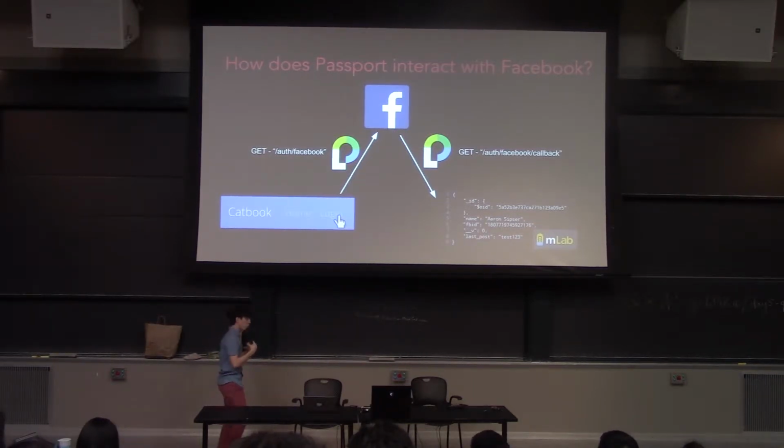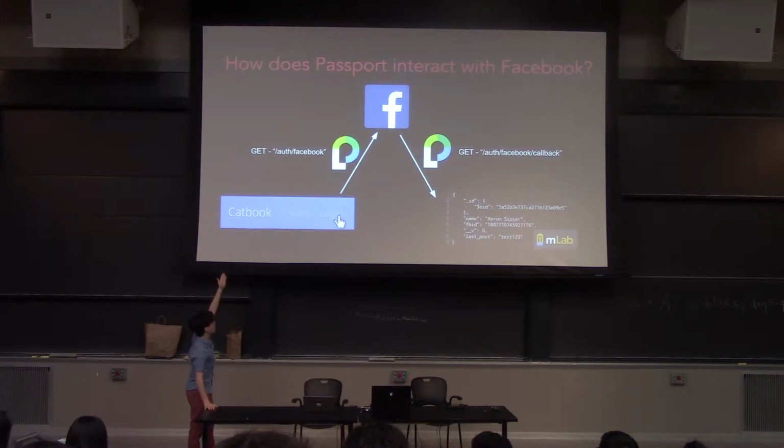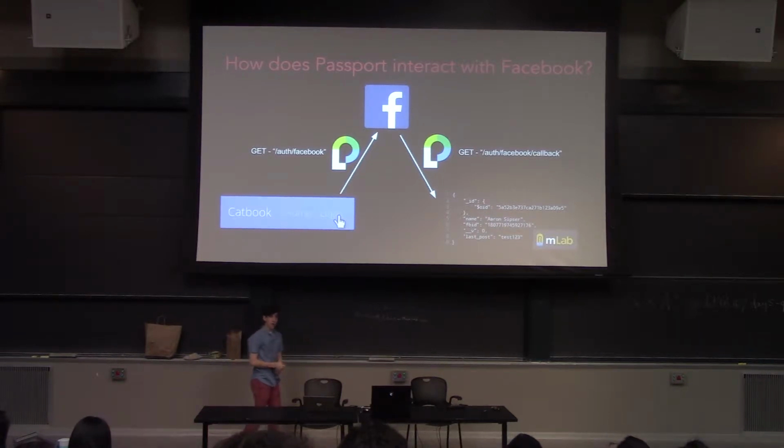Well, what we're going to do is make it send a GET request to a very specific URL, /auth/Facebook. Passport will recognize /auth/Facebook, and instantly magic begins. Passport will take your hand and carry you all the way to Facebook's doorstep.